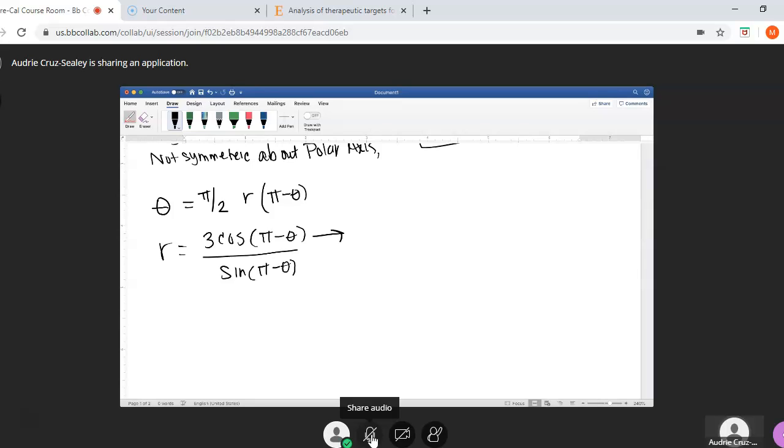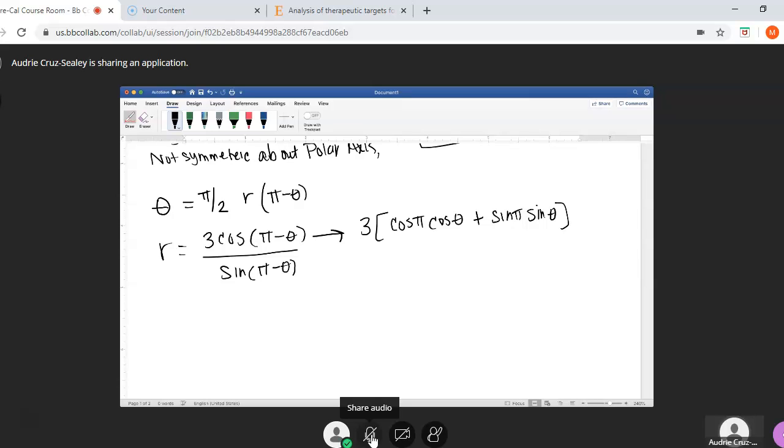So then again, if you go look at the formulas on page 83 that help us expand these, are we okay? We get on top 3 times cosine pi cosine theta plus sine pi sine theta.